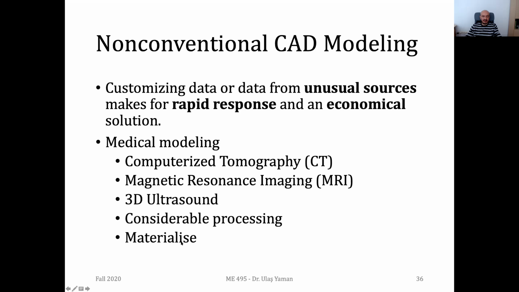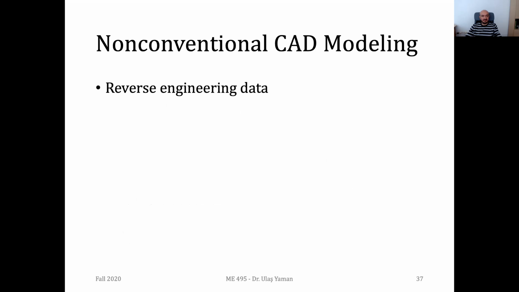And we have such software. The most popular one is called Materialise. And in the medical industry, if people want to print their products by using the information coming from CT, MRI, or ultrasound, they usually use Materialise software and try to generate the CAD files, and then later transfer this CAD file to the CAM software they are using for the production.